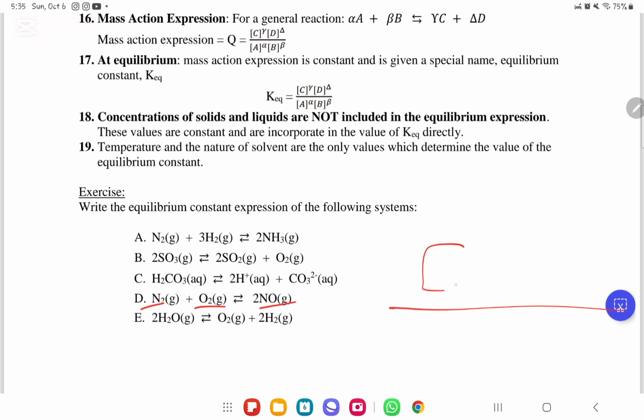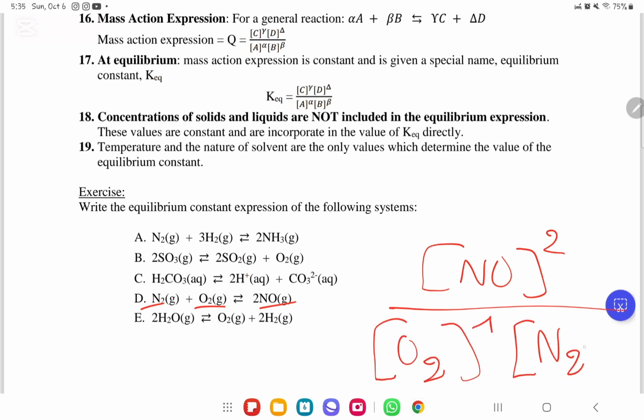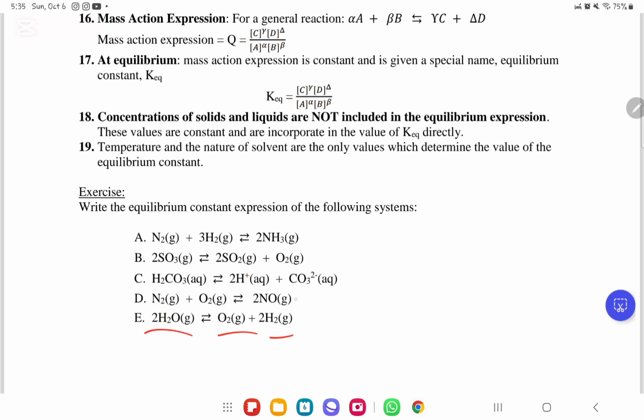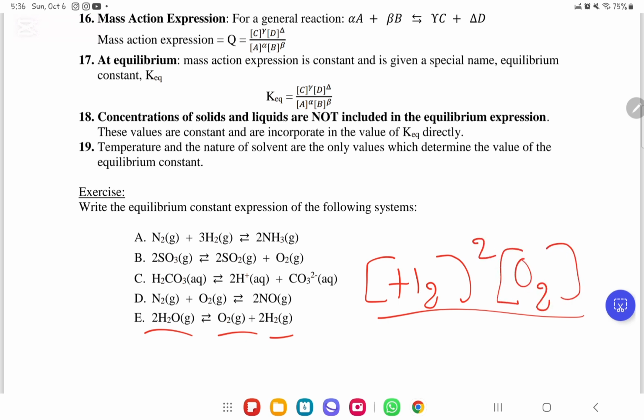So the concentration of NO to the power of 2 over the concentration of O2 to the power of 1 and N2 to the power of 1. And then finally, we also have gas, gas, gas. So the concentration of H2 to the power of 2 multiplied by the concentration of O2 to the power of 1 over the concentration of H2O to the power of, which one? To the power of 2.